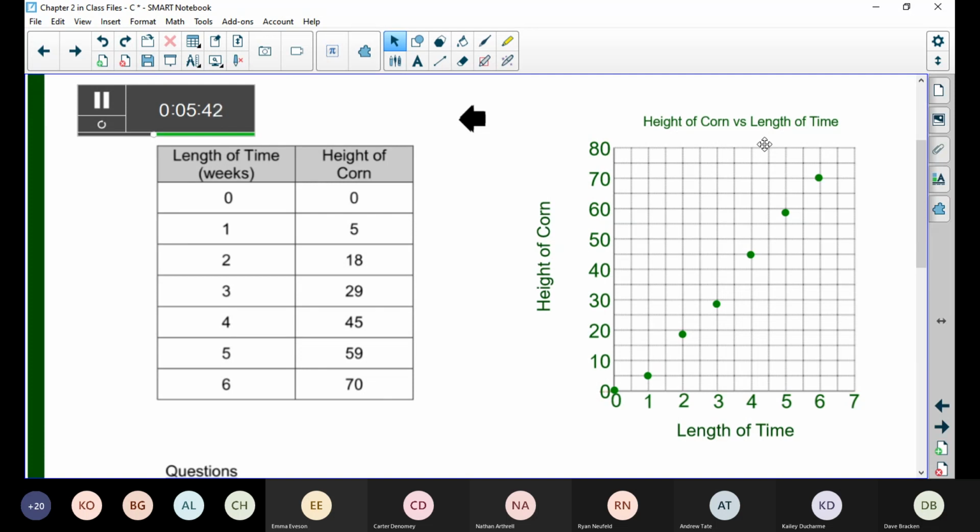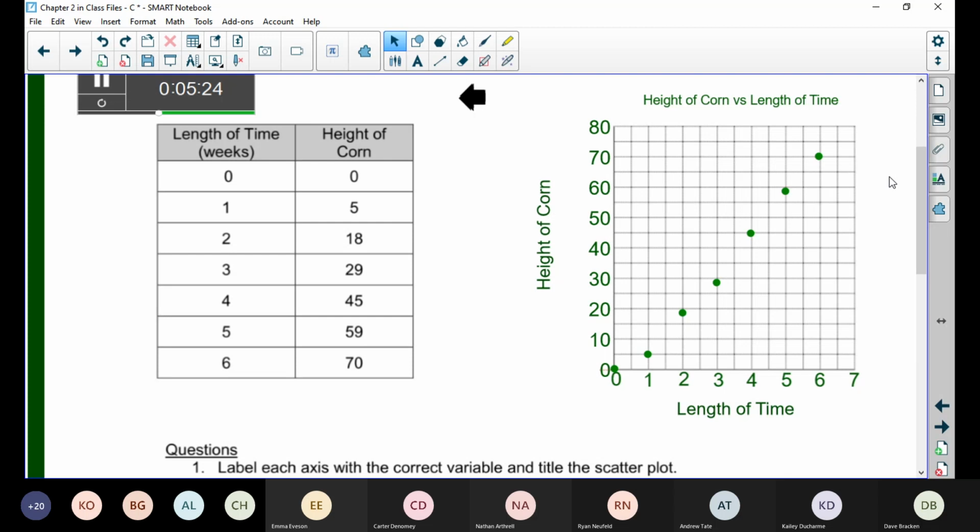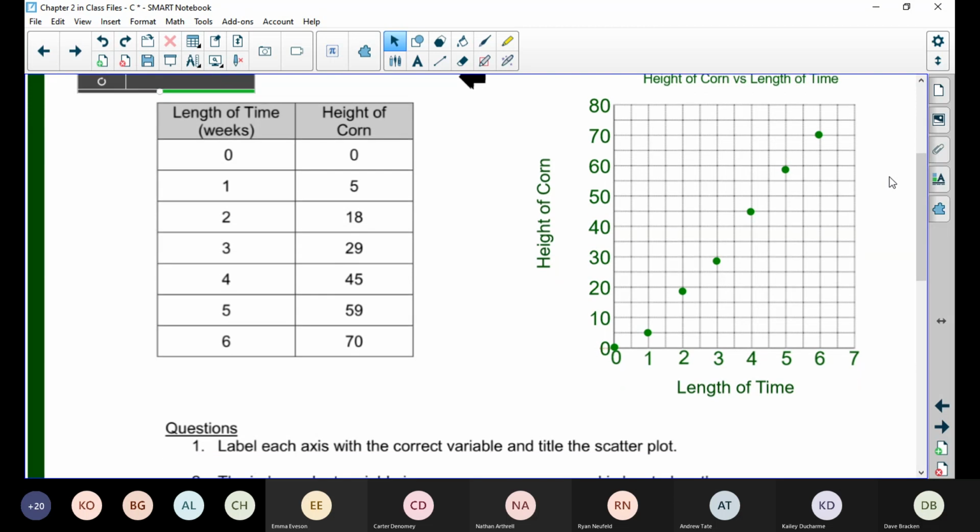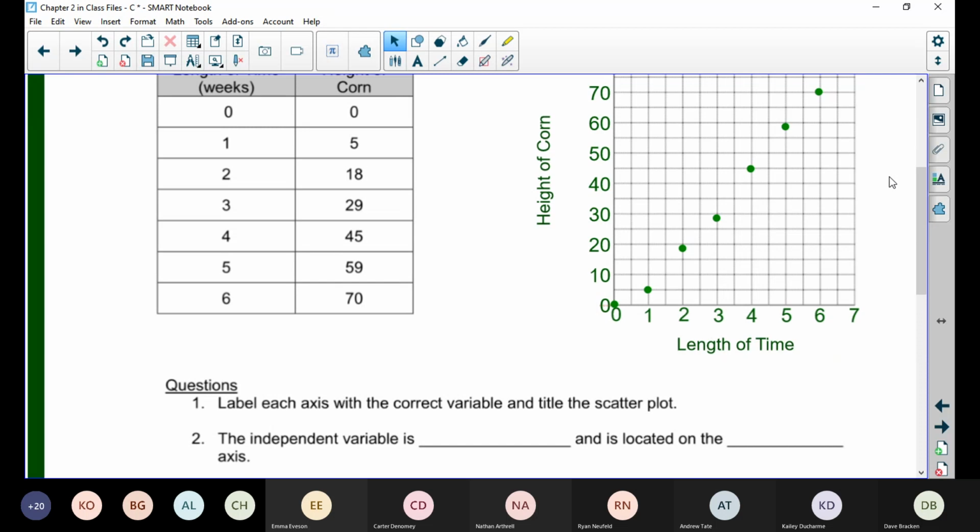Okay, so if you quickly just want to check your scatter plot here, just that you got something that looks like that, I would imagine most of you do. Okay, so label each axis, we did.